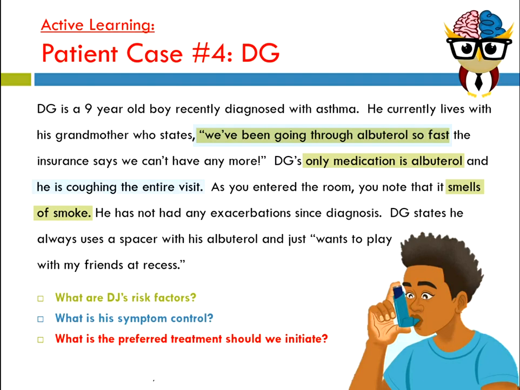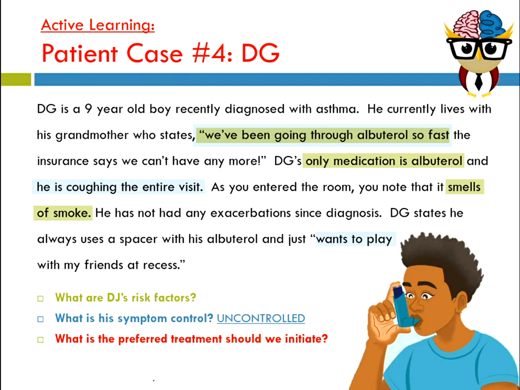He's coughing the entire visit, so what does he have in daytime symptoms? Okay? He wants to play with his friends at recess. So what does that mean? Activity limitation. So how many symptoms does he have? 3. So what level does that put him at? Uncontrolled. This is the level of thinking you want to be able to do on the test. Okay, so if you watch this in PowerPoint mode, it will walk you through just like we're doing right now.